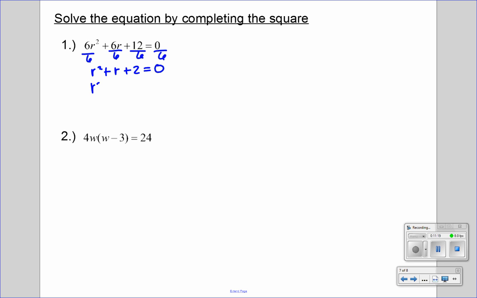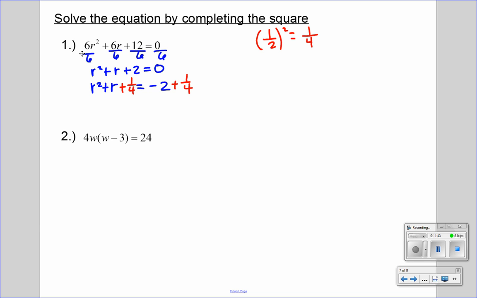So now we have r squared plus r equals negative 2. Okay, so we have to make sure our leading coefficient is 1 and our a and b are isolated. Okay, now our b value this time is 1, so we do 1 divided by 2 squared, which gives us 1/4. So now we're going to add 1/4 to both sides.